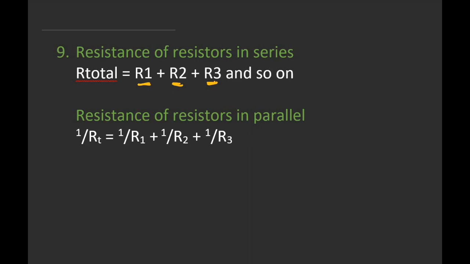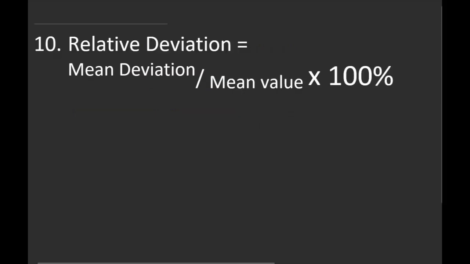For resistance of resistors in parallel, you have to go this other way: 1 over R1 plus 1 over R2 and so on, add everything and you get your answer. And finally, the formula for calculating relative deviation in physics is mean deviation divided by mean value times 100%.